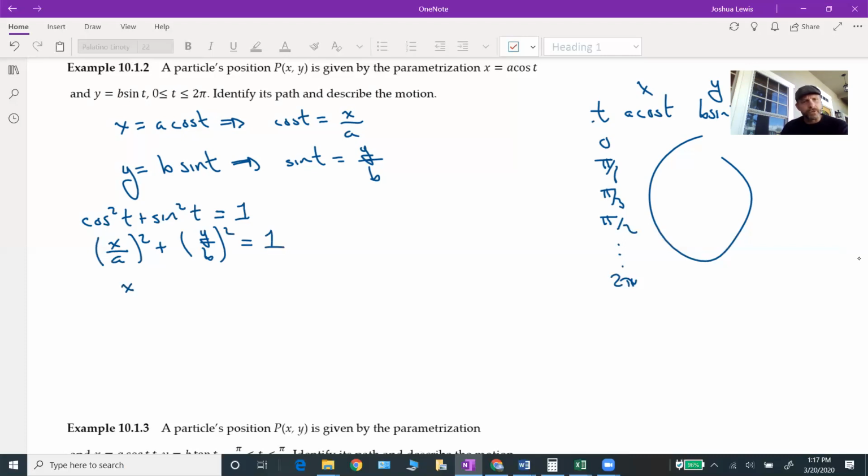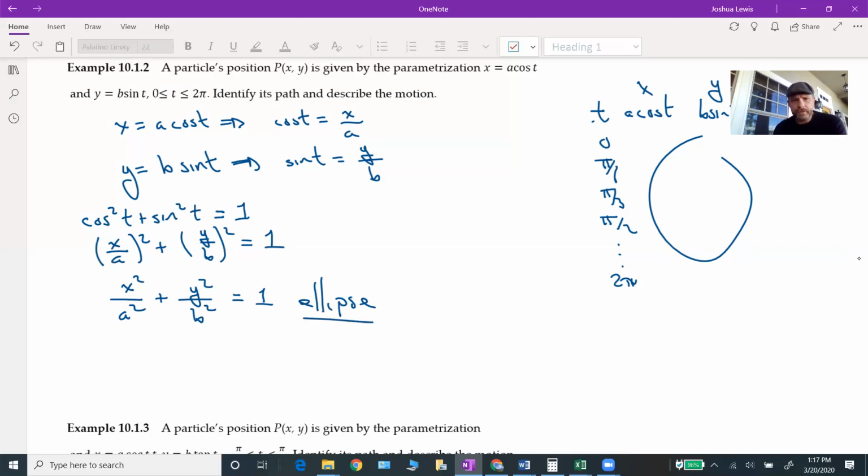Well, this should look familiar. What is this? Well, it's an ellipse, right?